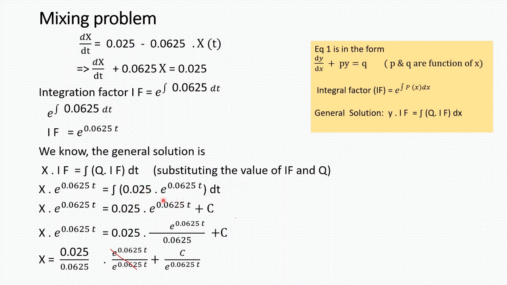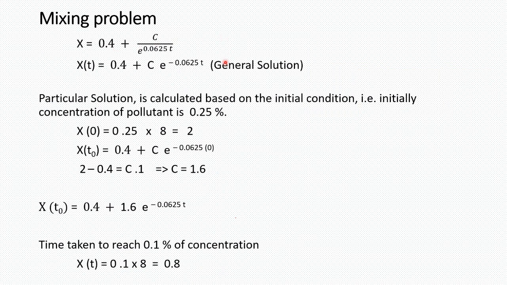Integration of e to the power 0.0625 t is e to the power 0.0625 t by 0.0625 plus c. Bring this e to the power 0.0625 t to the right hand side. We get this. Cancelling this out and simplifying, we get x is equal to 0.4 plus c times e to the power minus 0.0625 t.